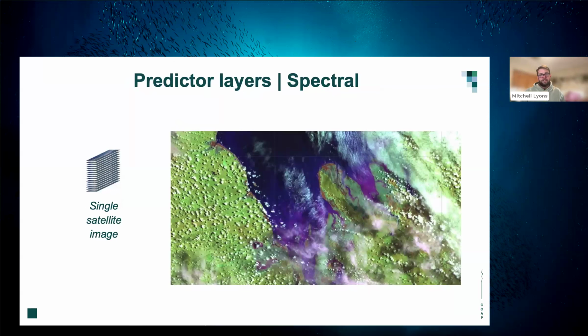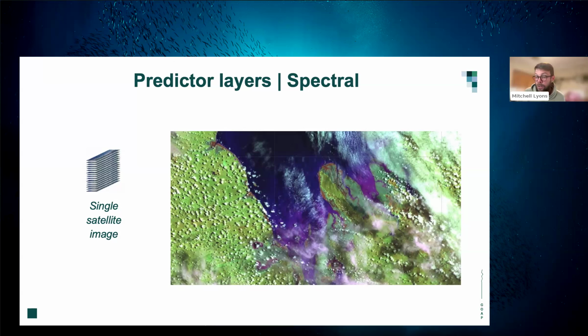One of the bigger changes in recent, more modern machine learning, or particularly cloud-based Earth observation frameworks, is the ability to move away from single date spectral information. This is a good example here. Let's take this Gulf area. This is an image on a particular day.